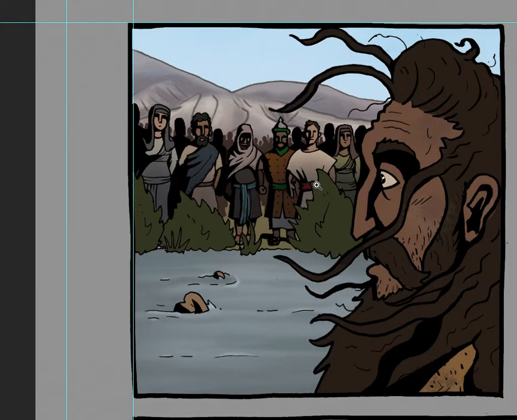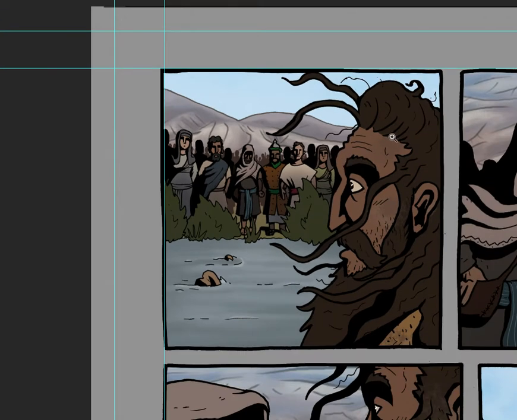Okay, so let's see. The only other thing is a compositional thing here. Often it's good if you have a point of focus to use the rule of thirds. So you divide up an image into three horizontally, and then vertically as well.